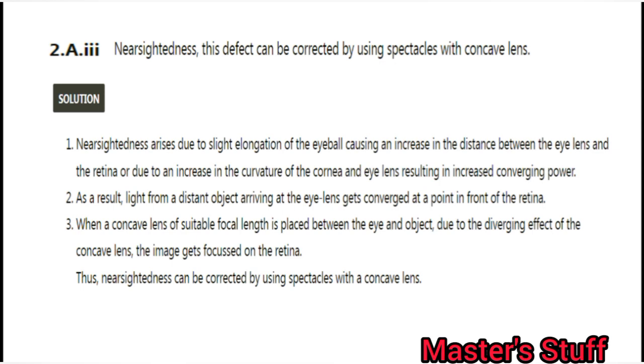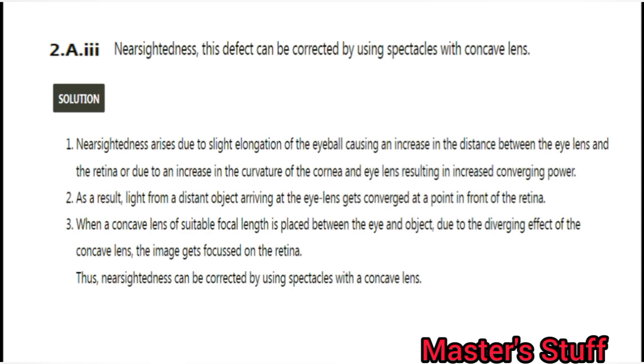Nearsightedness arises due to slight elongation of the eyeball causing an increase in the distance between the eye lens and the retina, or due to an increase in the curvature of the cornea and eye lens resulting in increased converging power. As a result, light from a distant object arriving at the eye lens gets converged at a point in front of the retina.